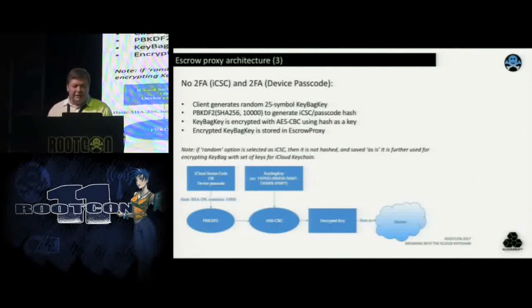Then that keybag key is securely hashed with PBKDF2 with 12,000 iterations to generate the hash, and the iCloud security code is also hashed the same way. And that keybag key is encrypted with AES in CBC mode, using the hash as the key, and then the encrypted keybag key is stored in an escrow proxy.